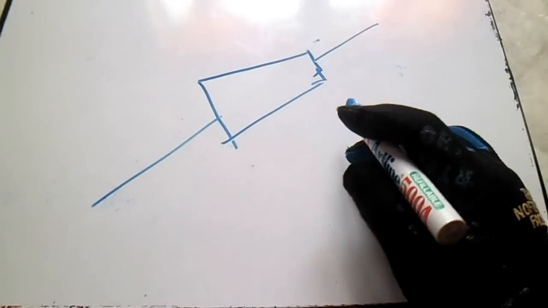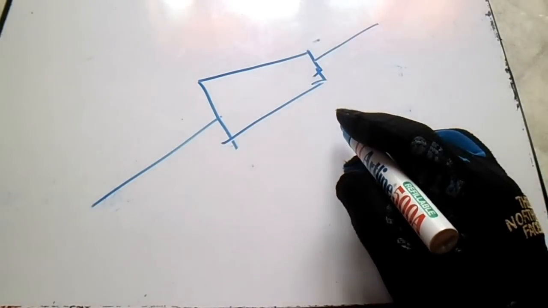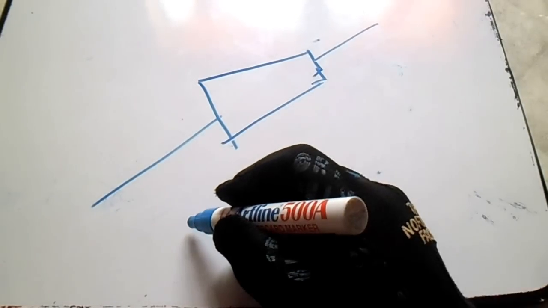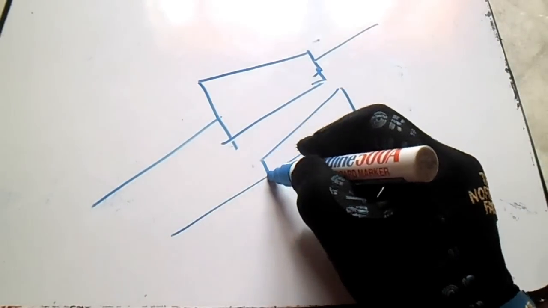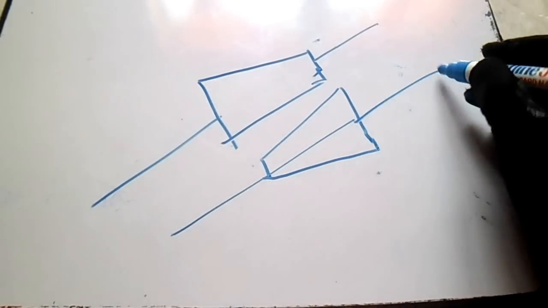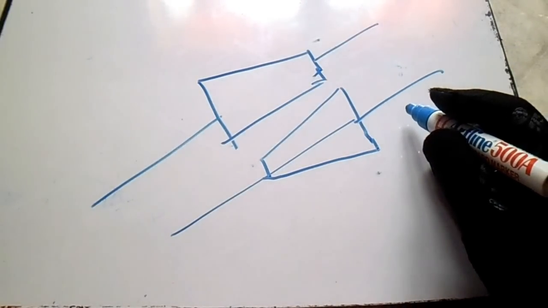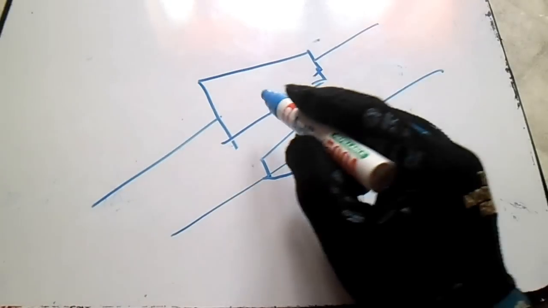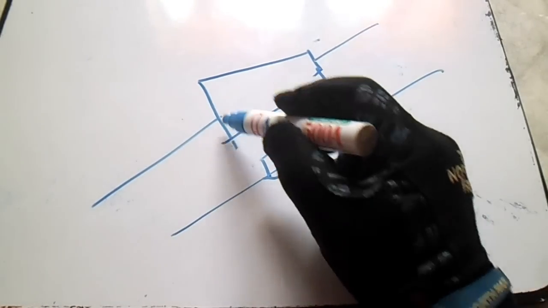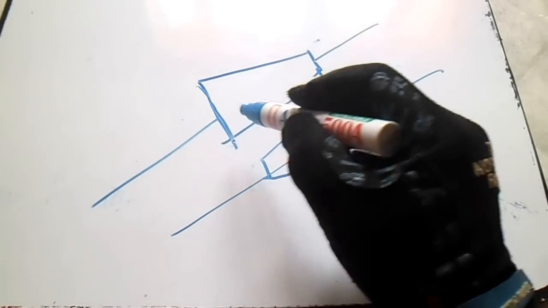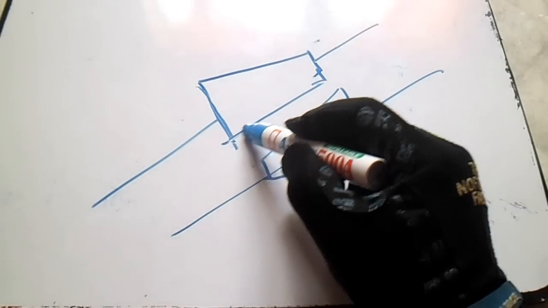So this is an eccentric reducer, and we have also a concentric reducer. So this is concentric and this is eccentric. Okay, the difference is, in the eccentric, one side is flat.